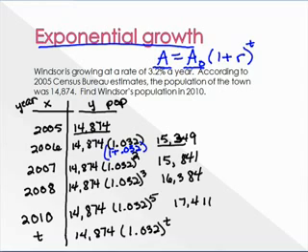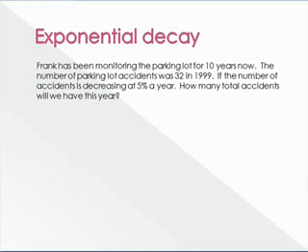All right. Now, similar to that then, we have exponential decay. Let's take a look at this example. So Frank has been monitoring the parking lot for 10 years now. And the number of parking accidents, let's say, was 32 in 1999, so back when he first started.